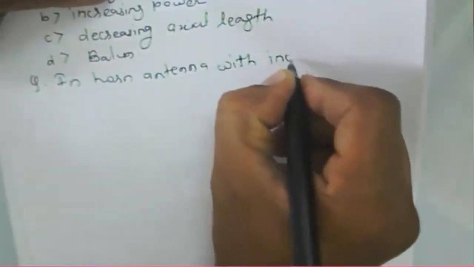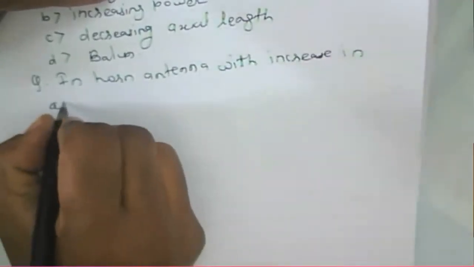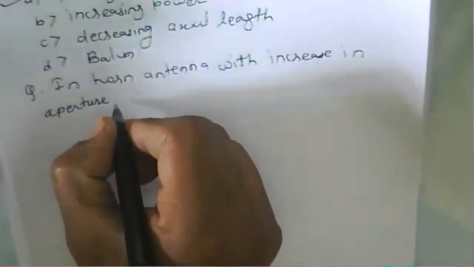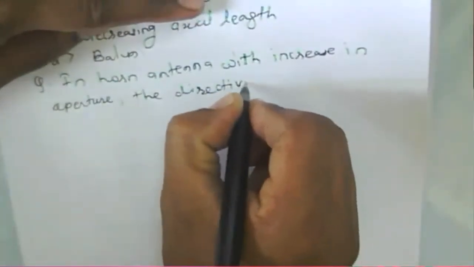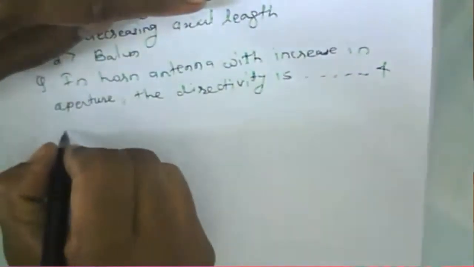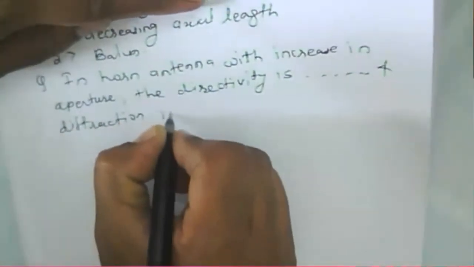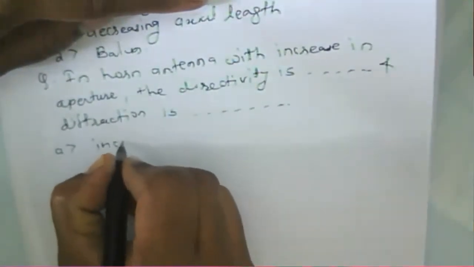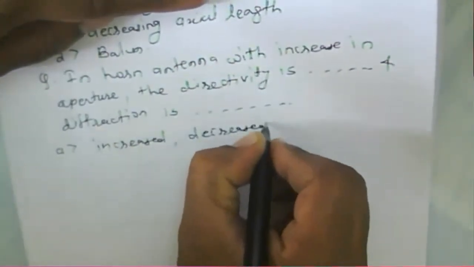Next, in horn antenna with increase in aperture, the directivity is dash dash and diffraction is dash dash.